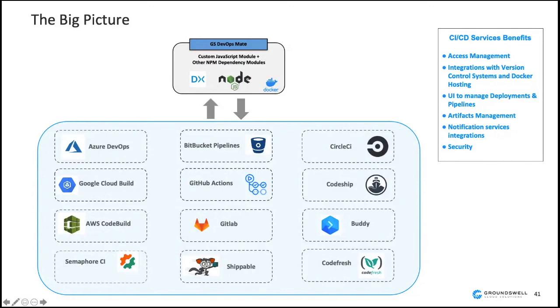So with all this, if your IT or DevOps team is already using any of these CI/CD services or thinking of it, I think you are in a really good position to harness GS DevOps Mate to its full glory and even contribute towards it.